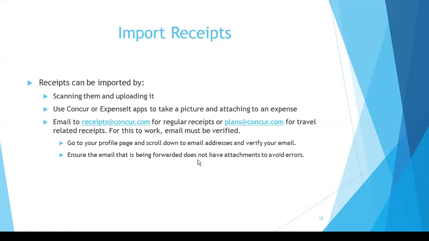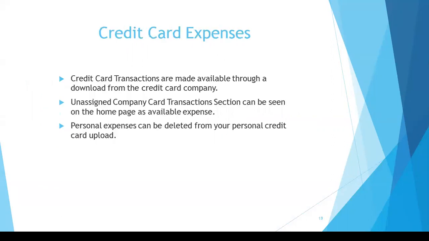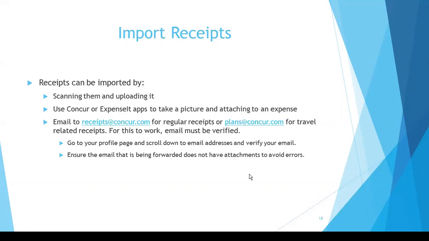You can also put in multiple email addresses there for your personal email, where maybe you save your travel information. You can verify that as well, and you can send the itinerary, things like that, directly to plans@concur.com, and that information will show up in your expense report, in your profile page.